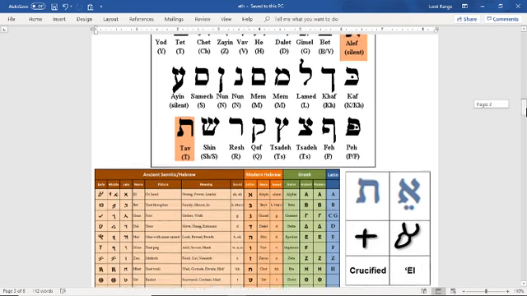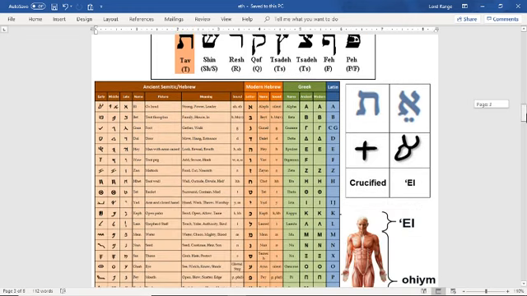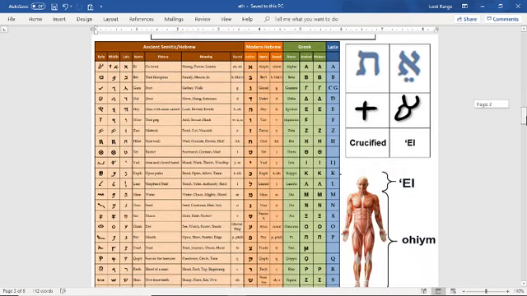Next thing we're going to do is take these two letters and translate them from the modern Hebrew back to the early ancient Hebrew. And this is the chart again, just in case you forgot. Here's the Aleph and the Tav.